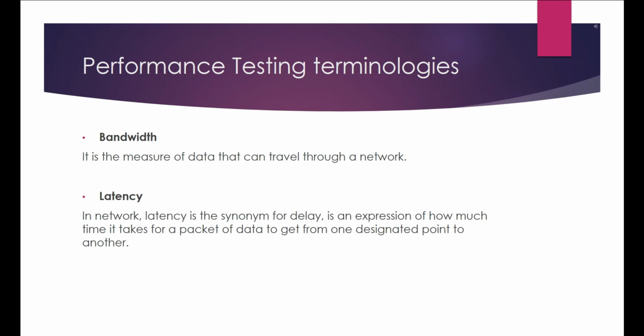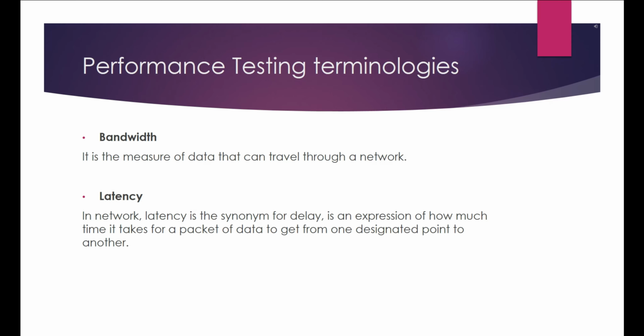Bandwidth. It is the measure of data that can travel through a network. Usually, it is measured in kilobits per second. For example, a modem line often has a bandwidth of 56.6 kbps and an Ethernet line has a bandwidth of 10 Mbps. Latency.